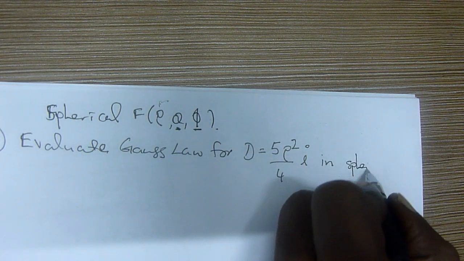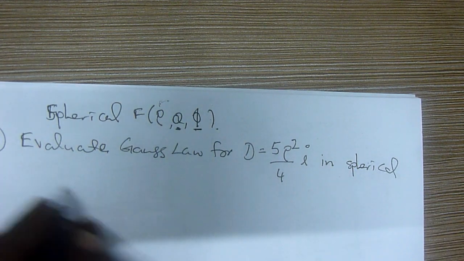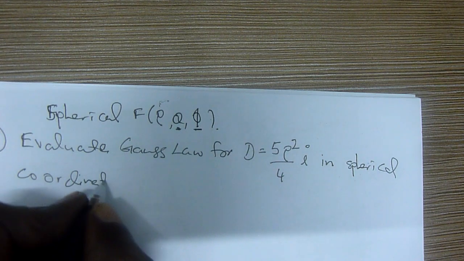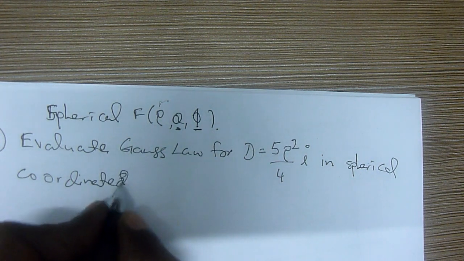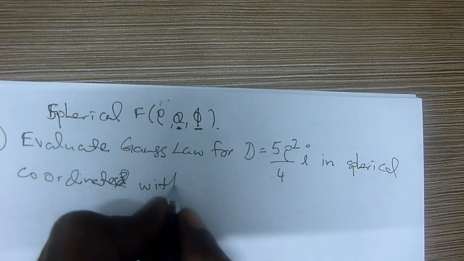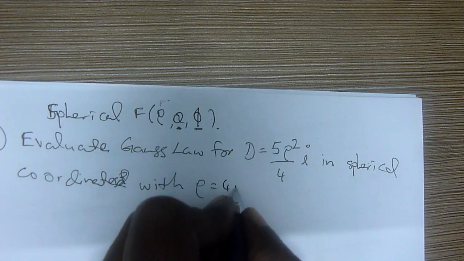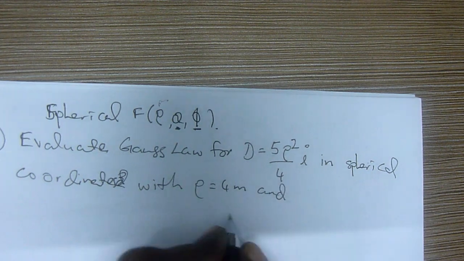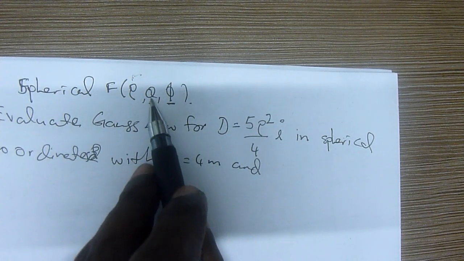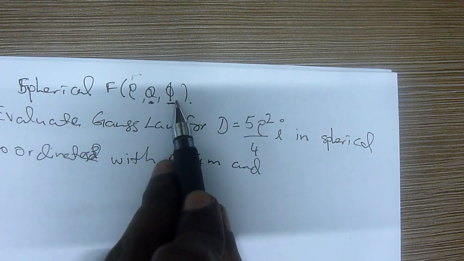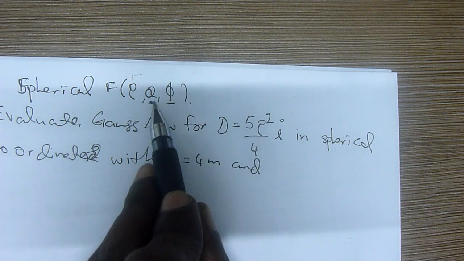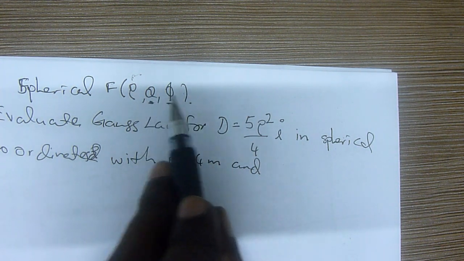Let me see. Spherical coordinates. Take it as a learning. Coordinates with rho, because many calculus books change theta to phi. Therefore it is very difficult to identify whether they refer to theta or phi.